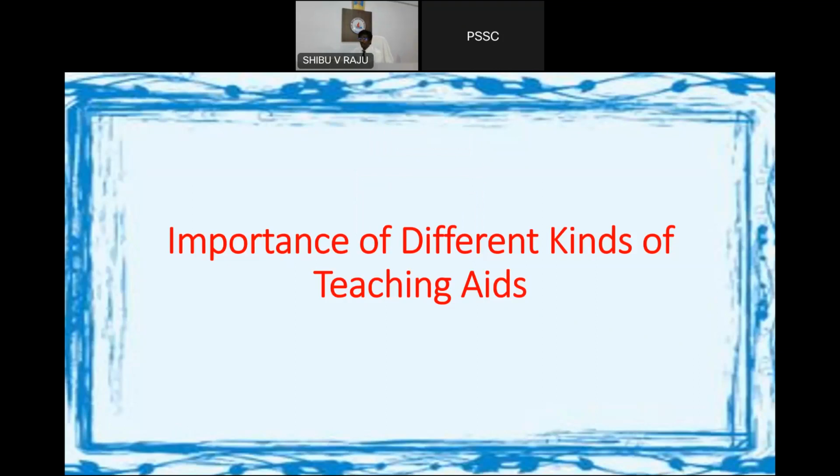When we talk about the first portion, that is revision of the previous chapter. For example, normally when we go to the class, how do we start? We normally say to the students, close your books, you don't need to open the book.